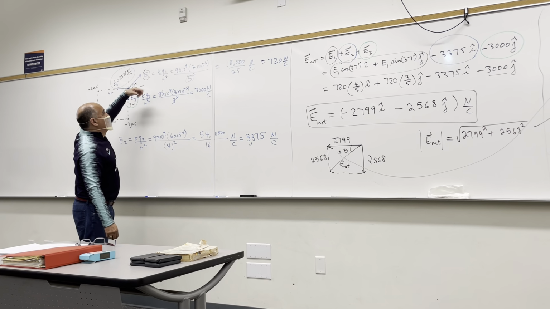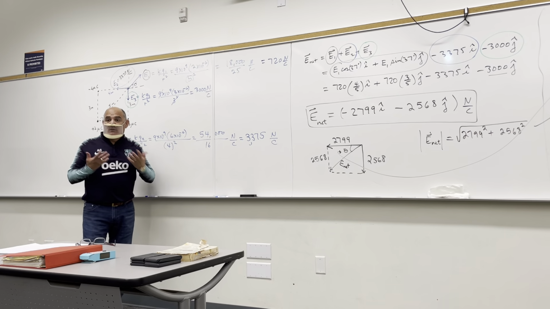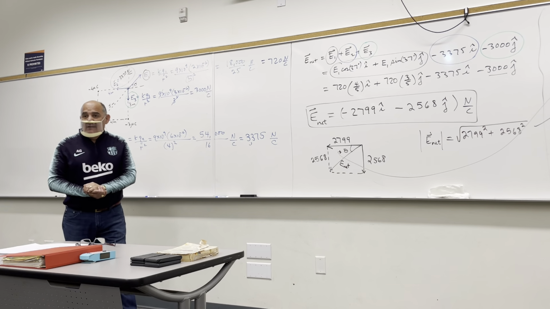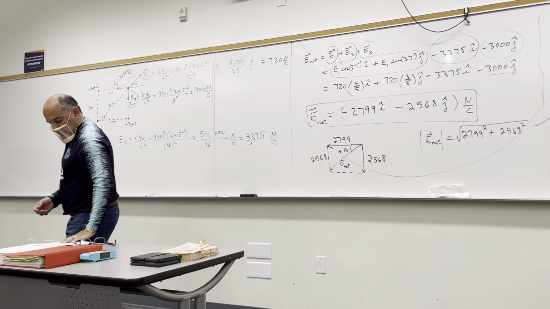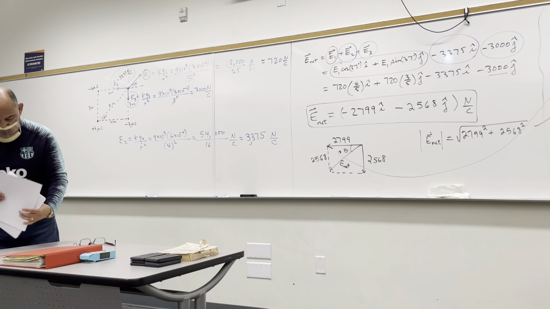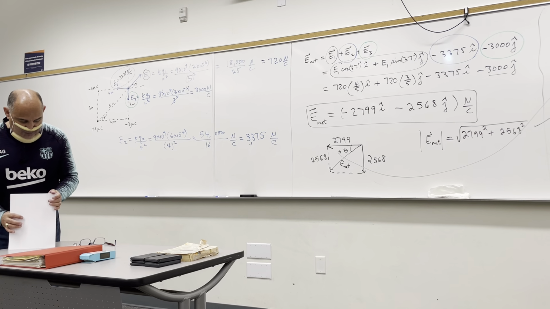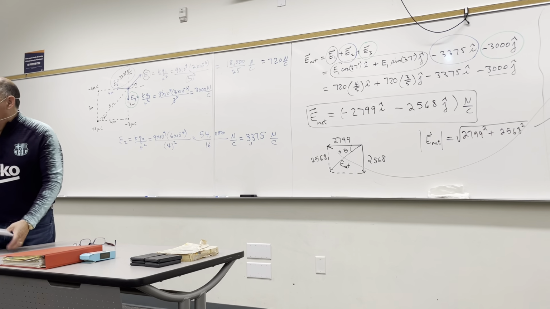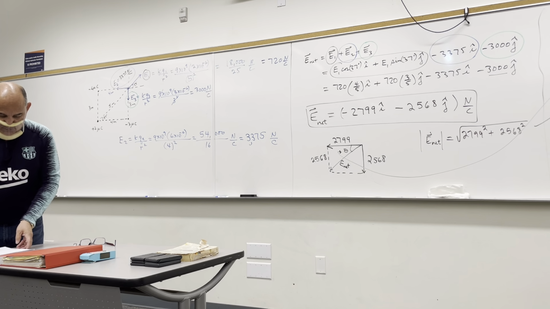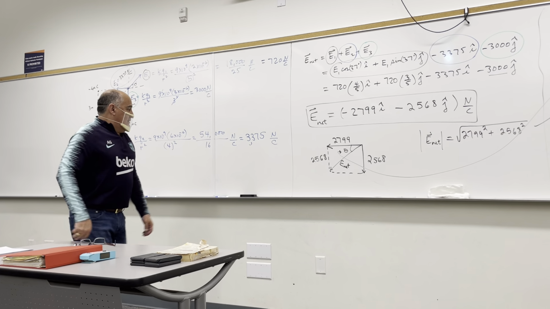And then the next step is to get the magnitudes. That's just k q over r squared. And then the rest is just adding vectors. Okay. Questions? No? Okay.